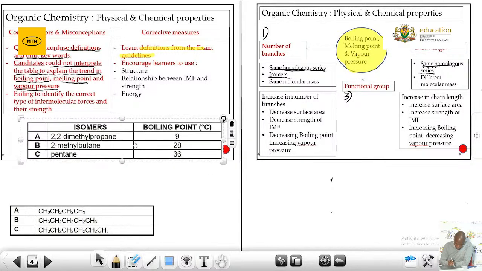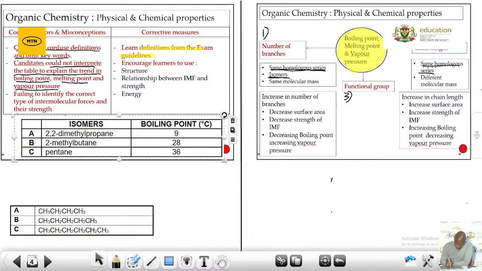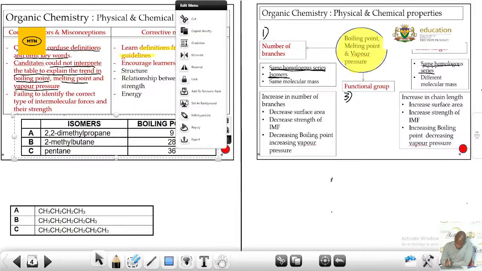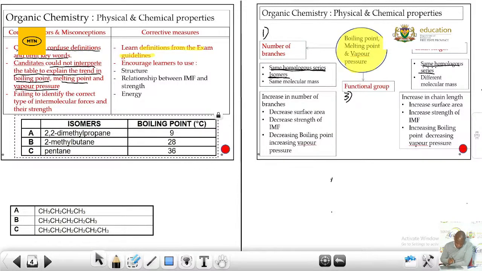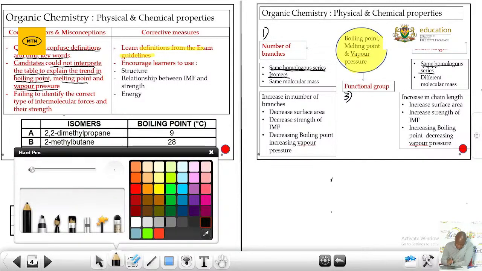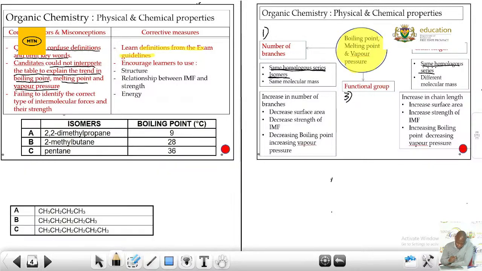So I am quickly going to bring this one forth for the purpose of explanation. Let me quickly increase the size. When I look at A, it is 2,2-dimethyl propane, and B is 2-methyl butane, and C is pentane.